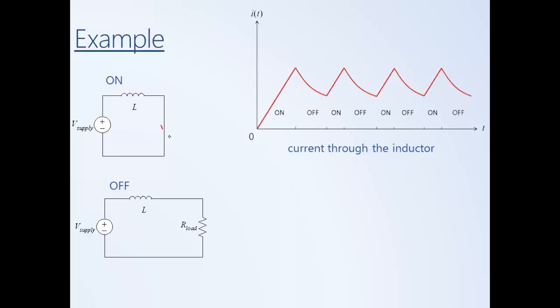The switch here is closed, the current flows in the inner loop, causing the energy stored in the inductor to increase. When the switch is opened, this becomes an open circuit, current won't flow that way. The diode is reverse biased, and so the current flows out that way.